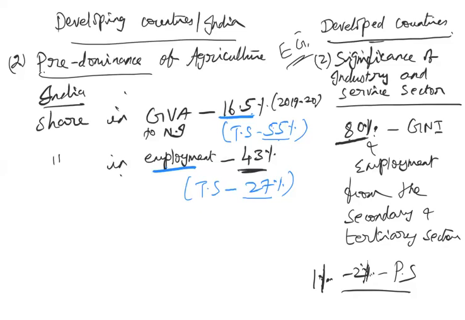That's why we keep saying there should be a shift from agriculture to tertiary, because however much you depend on agriculture, productivity cannot increase beyond a certain level. The country cannot grow beyond a certain level. That's why it is necessary to shift from agriculture to the other sectors. These are the data that prove the difference.